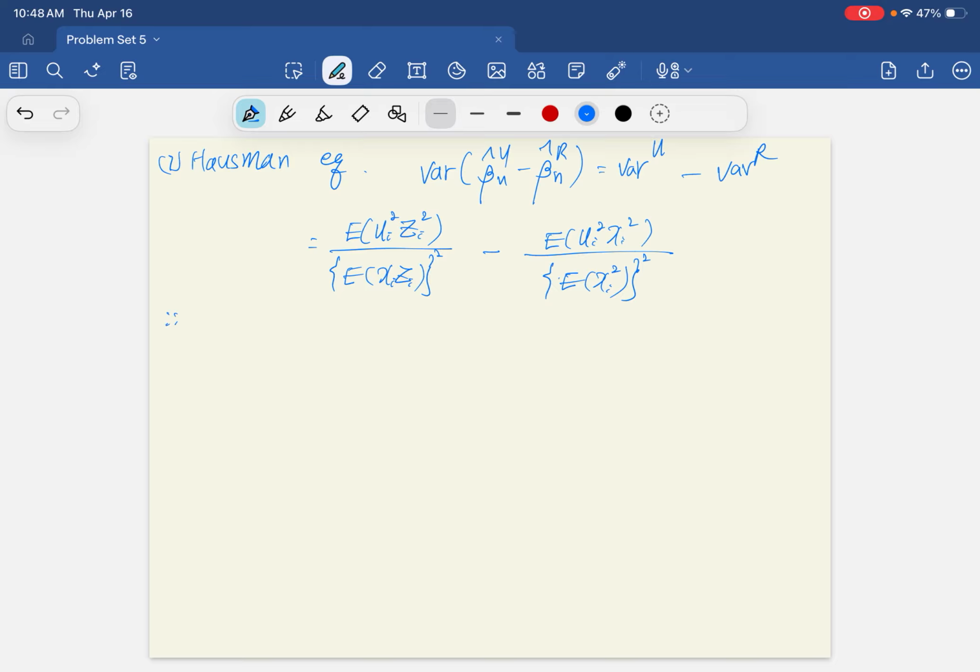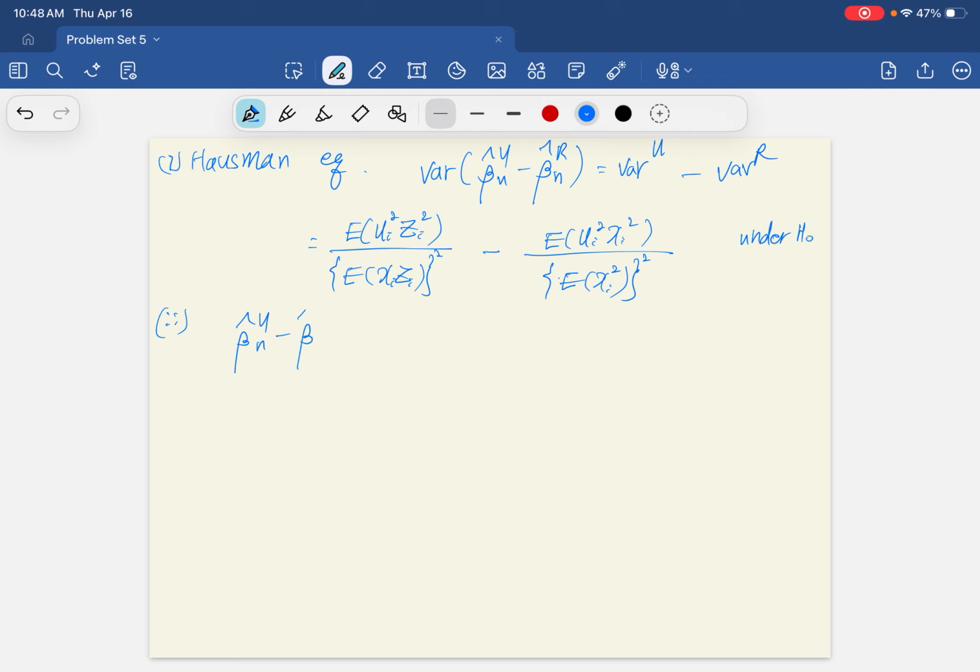Now what happens if you did not know the Hausman test? How can we calculate the variance? The idea is the influence function. Of course, under H0.